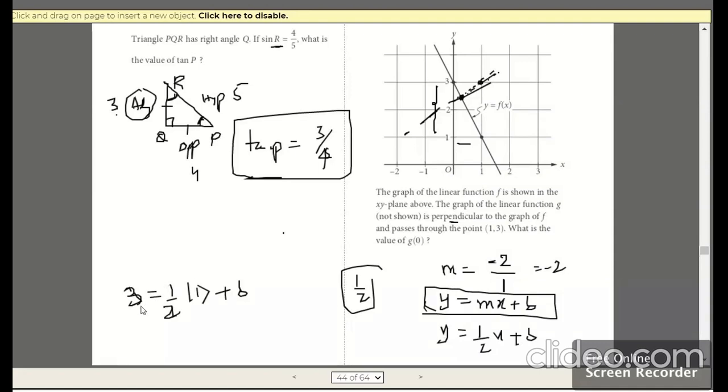If I substitute 3 and 1 into y and x, I get the intercept of the line g, that is 3 minus 1 over 2 equals b. So b equals 5 over 2, which is 2.5. So it intersects at 2.5. What is the value of g of 0? If I substitute 0 here, I get the b value, which is 2.5. That is my answer.